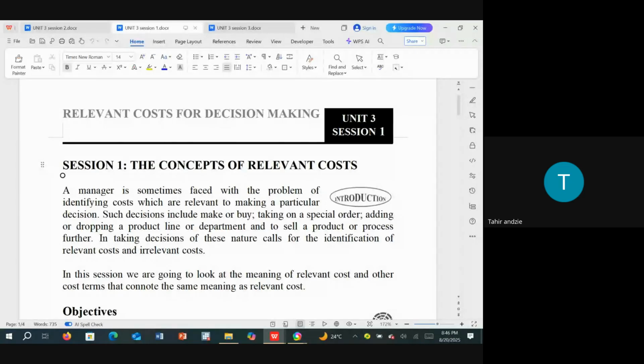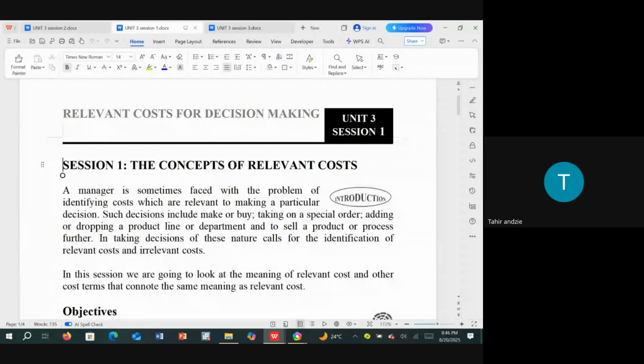We should know which cost or revenue information is relevant for a given decision, so that we do not bore management with unnecessary information that may not influence their decisions.